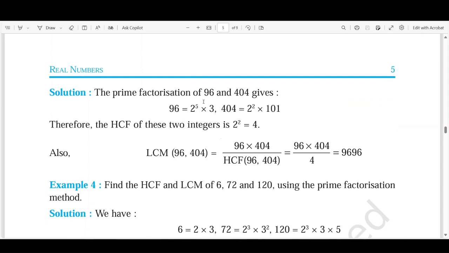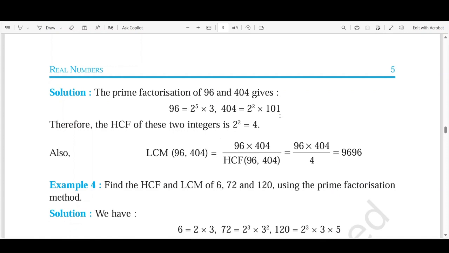If you find the prime factorization of these two numbers, we are resulted with 2 power 5 into 3 for 96, and for 404 it is 2 square into 101. If you find the HCF, that is the product of the least power of the common prime factors, we will be having only 2 square which is nothing but 4.